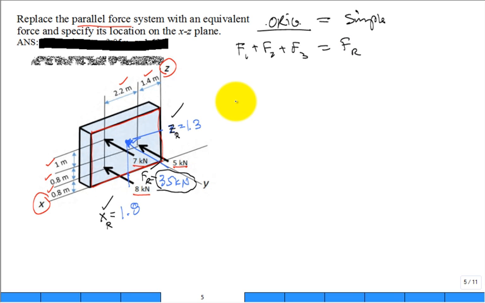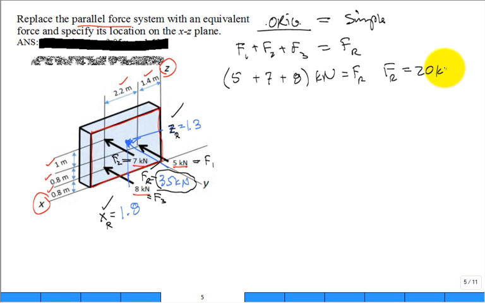I'm just going to sum them up. Let's call this one F1, this one F2, and this one F3. F1 is 5, F2 is 7, and F3 is 8 kilonewton. So we conclude that F_R is equal to 20 kilonewton. So we solve for one of the three things we need to solve for.